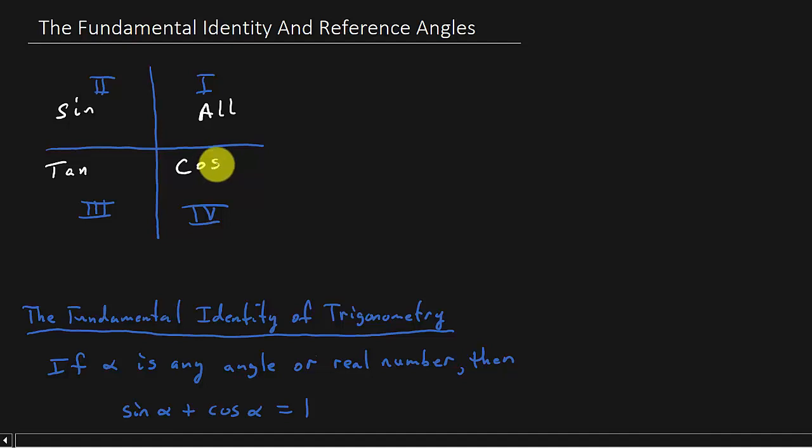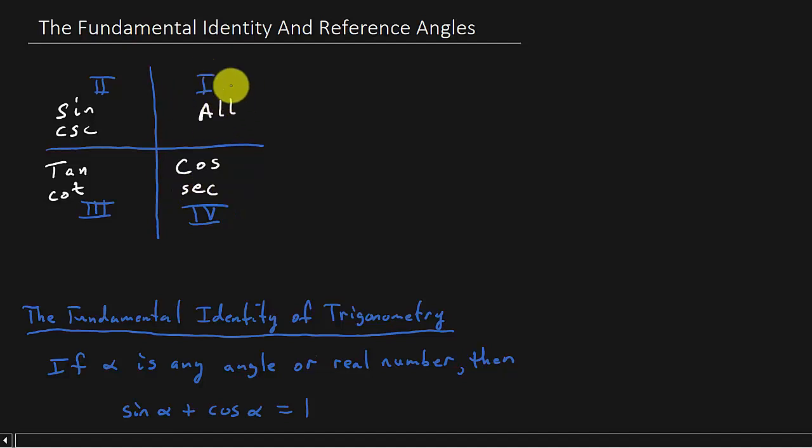Now, if sine is positive, then that also means cosecant's positive in the second quadrant. If tangent is positive, that means cotangent is also positive, because remember, they're reciprocals of each other. And then if cosine is positive, that means secant is positive.